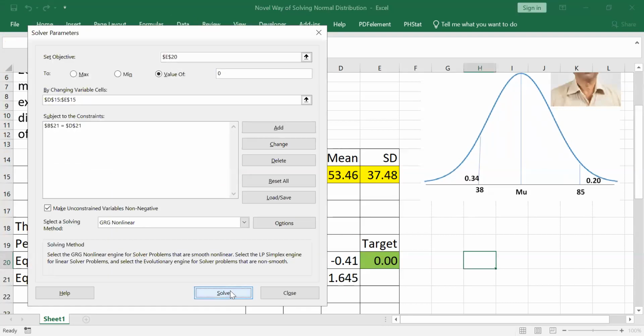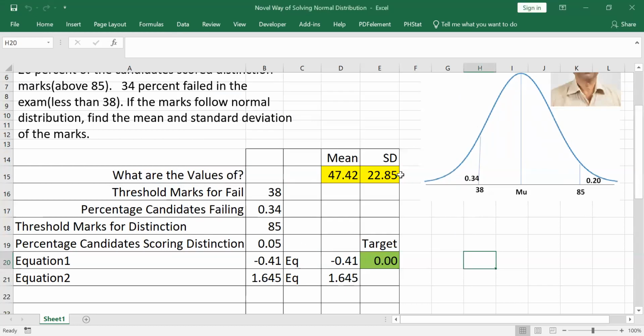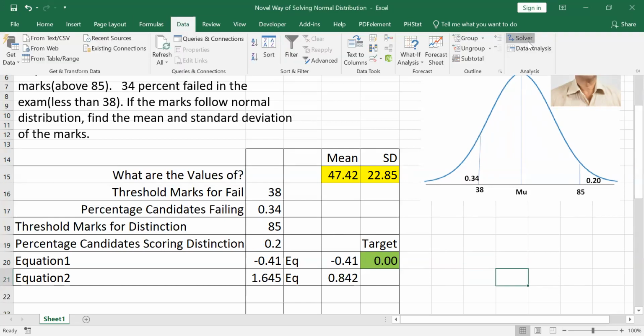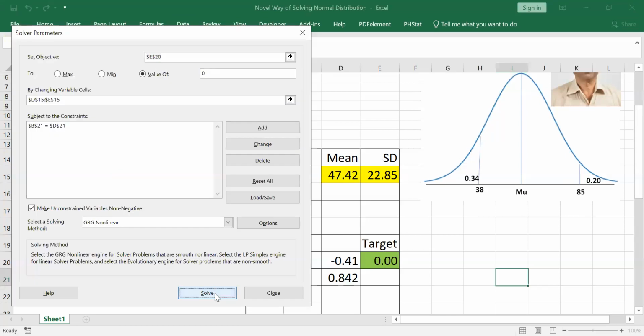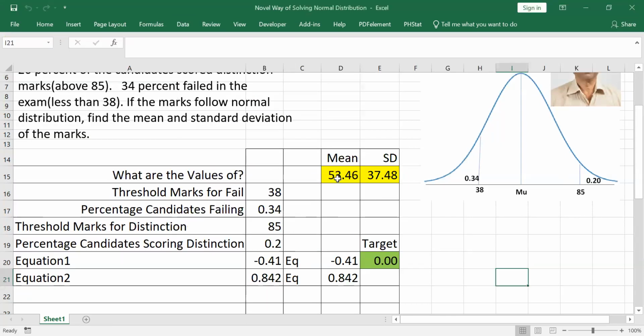Solve. Now you see the solution. 47.42 is the mean, 22.85 is the standard deviation. So let me put this back again, 0.2, which is the old solution. And I am only showing you, you can change it the way you want and develop a marking scheme. So the original problem solved with this mean 53.46, standard deviation 37.48.